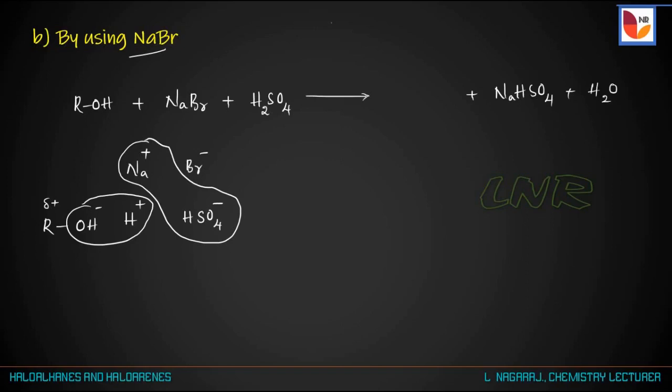And the remaining, that is R combines with the Br, it gives the haloalkanes. So this is the simple method to remember what are the products to be obtained when the alcohol reacts with the sodium bromide in the presence of sulfuric acid. That is, when alcohols react with the sodium bromide in the presence of an acid, it gives bromoalkane.